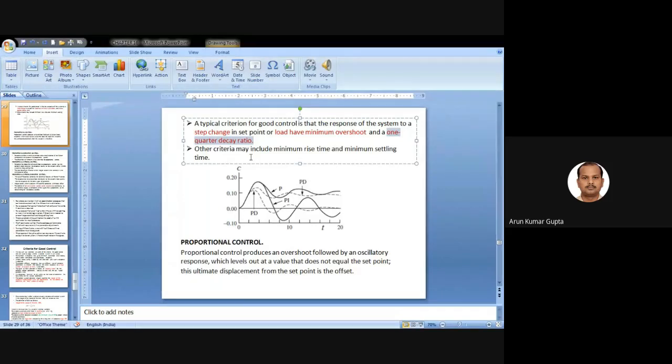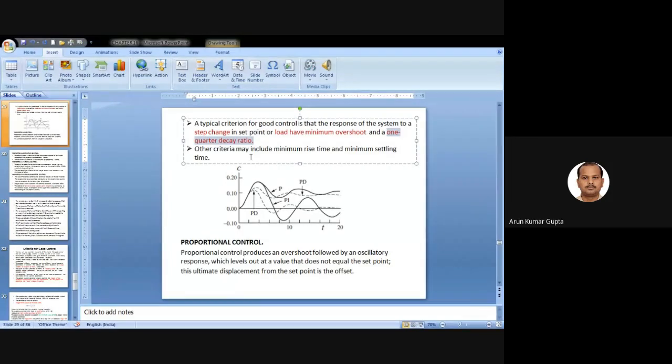So first we take an input set point, and we have the minimum overshoot and one quarter decay ratio. These are a few guidelines that will give you an optimum solution. Other criteria may include minimum rise time or minimum settling time. All these can also be included to achieve the optimum parameter.